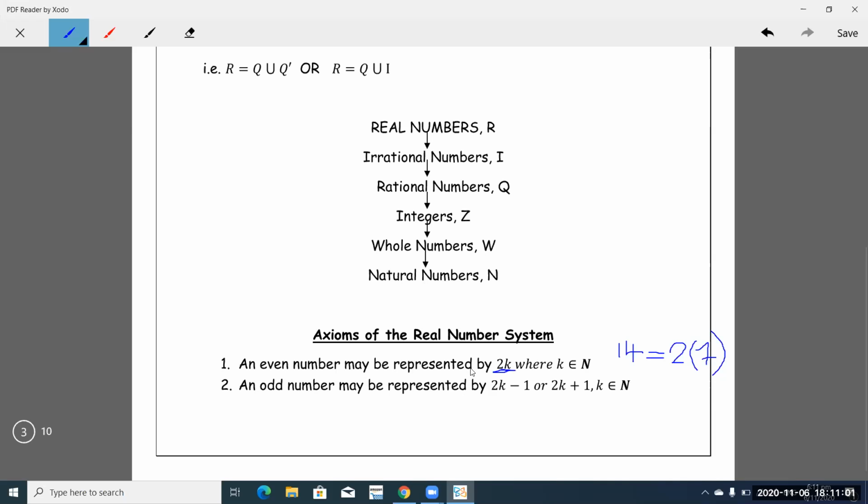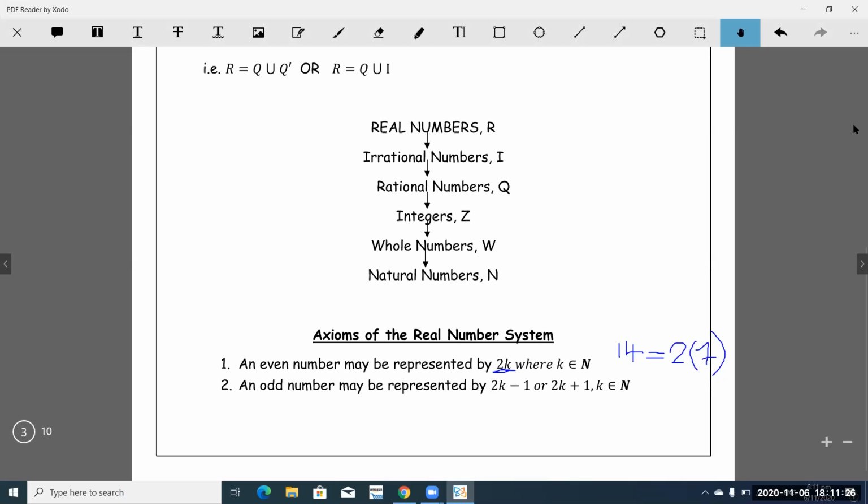Now, if we can represent an even number as 2k, then if you subtract 1 from an even number, or add 1 to an even number, you get an odd number. So you agree with the second axiom, right? 2k minus 1 or 2k plus 1. Agree with that? Yes, sir. Nice. So those are the first two axioms of the real number system.